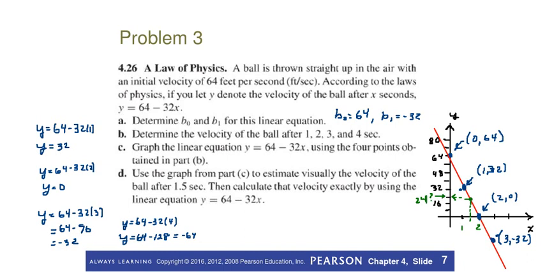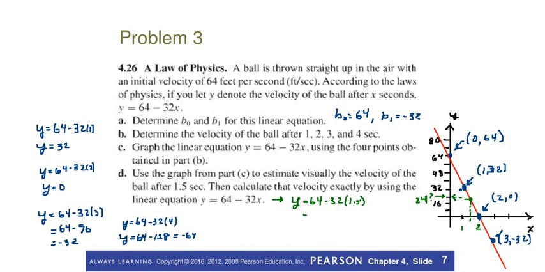My line might not do it justice in the way that I've drawn it right here, but let's try it out. If we were to put this in, y would have to equal 64 minus 32 times 1.5.